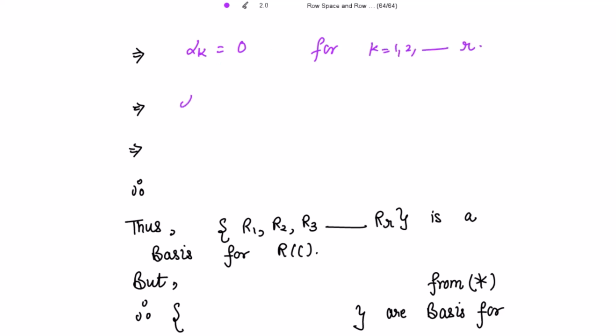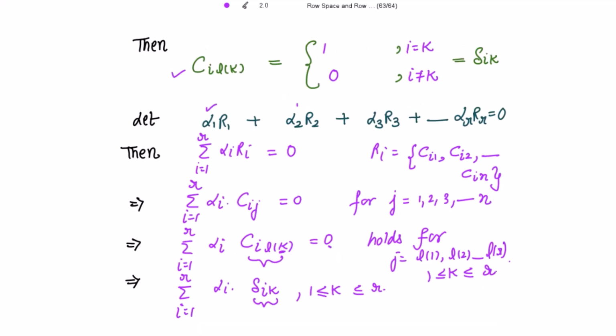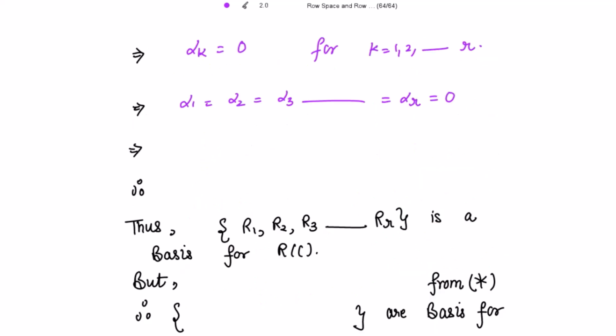So this implies alpha 1 equal to alpha 2 equal to alpha 3 up to alpha r, all are equal to 0. And because all these scalars alpha 1, alpha 2, alpha 3 up to alpha r are 0, for this linear combination R1, R2, R3 up to Rr, these are all linearly independent.